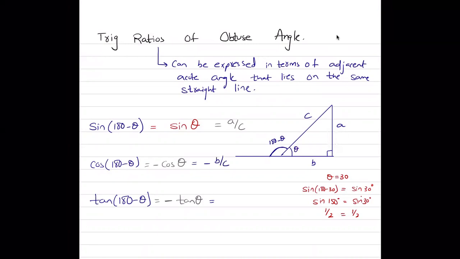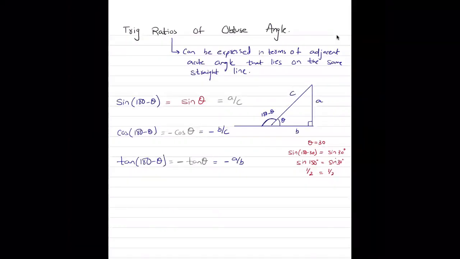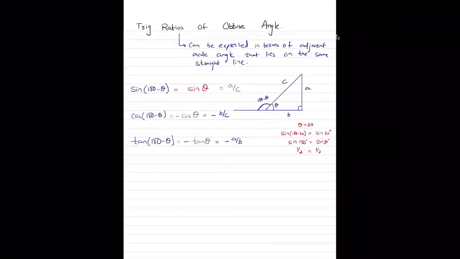And tangent of 180 minus theta is equal to minus tan theta, which is minus a upon b from our diagram. Is this making sense? Yes, sir, understood.